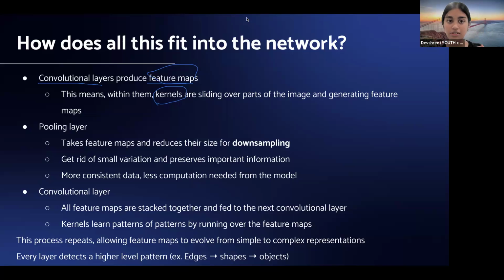This basically allows us to have more consistent data instead of fluctuating data. It allows the model to do less computation, so it's faster and more efficient. Because we don't want data that's not going to help the prediction to still be influencing the model's predictions, right? So pooling compresses everything and only preserves the most important pieces of data in the feature map.